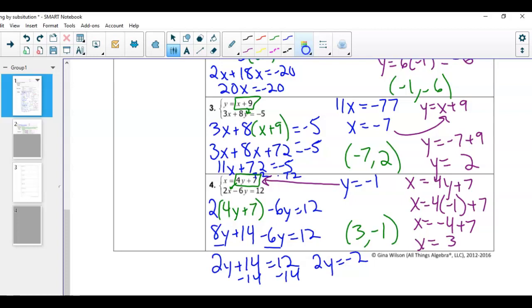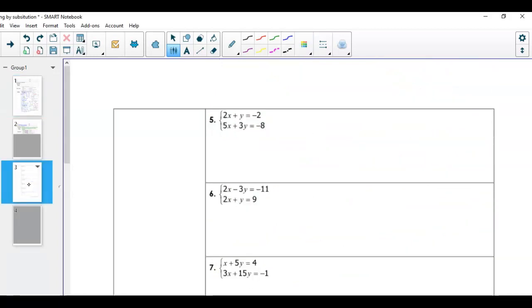We're going to do 3 more of these, starting with number 5. Now, we no longer have something that's x equals or y equals something. Now we need to choose one of these equations and solve for either x or for y.